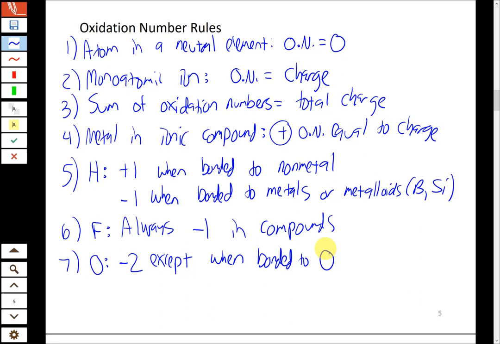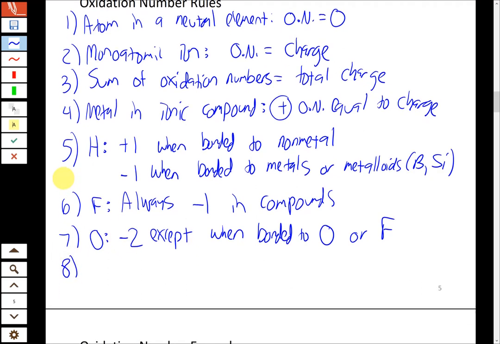Or if it's bonded to fluorine, in that case fluorine gets the -1 and oxygen will typically have a positive oxidation number. But there are not very many compounds where oxygen and fluorine are bonded together, so that's not one you'll see a lot. Oxygen in almost every case is -2, so that's another one you'll want to quickly identify.